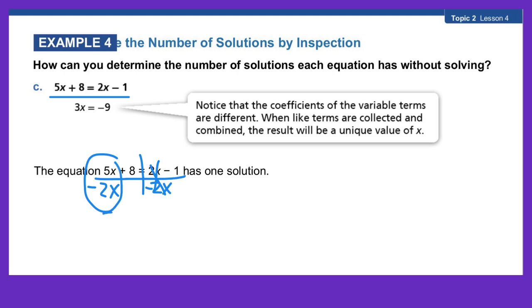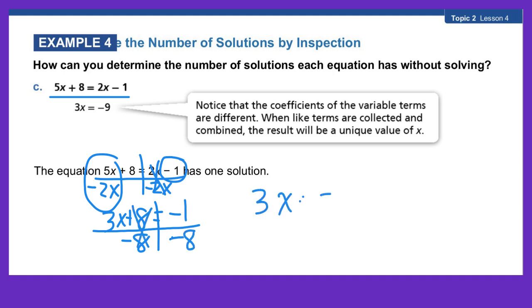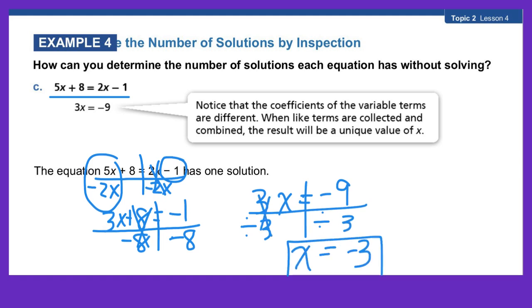This is 3x plus 8 on one side, and be very careful, that's a -1 on the other. Look on the side that has the variable, get rid of that constant. 3x on one side, -9 on the other. And last, we're going to divide by 3, and x will be -3. One solution.